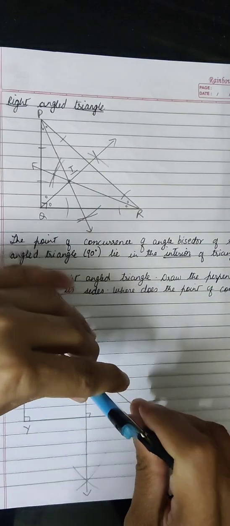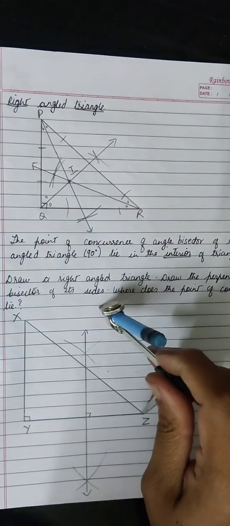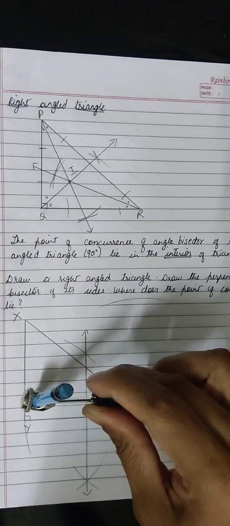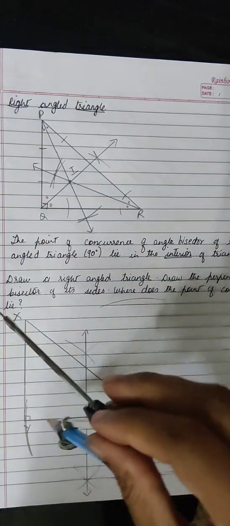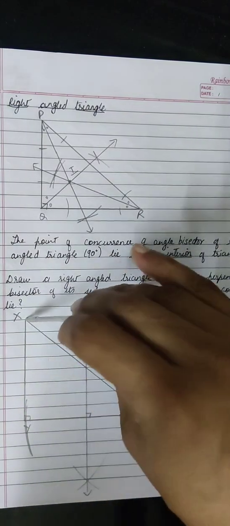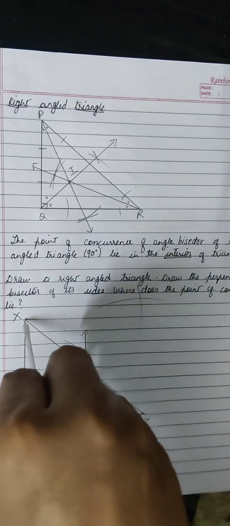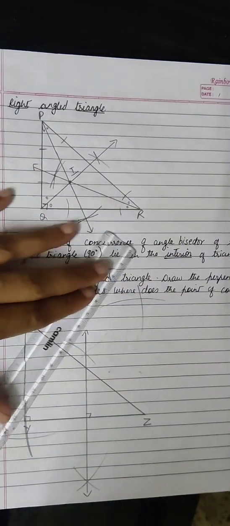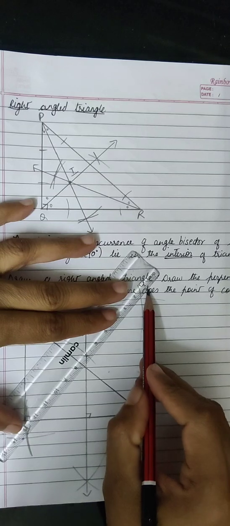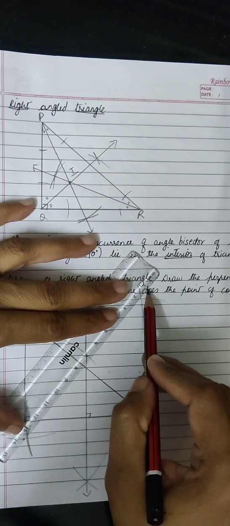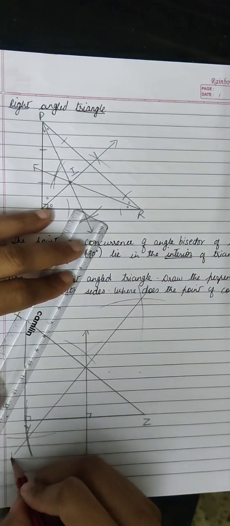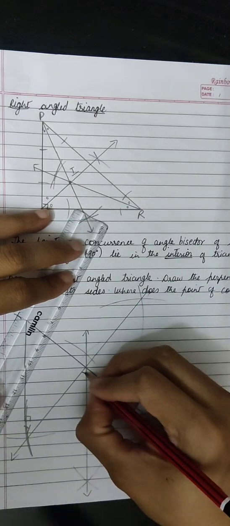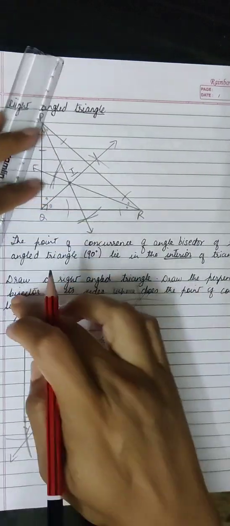So again, more than half, one arc above, one arc below. Keep it on X. One arc above, one arc below. Join both the points. So this is the perpendicular bisector for YZ.